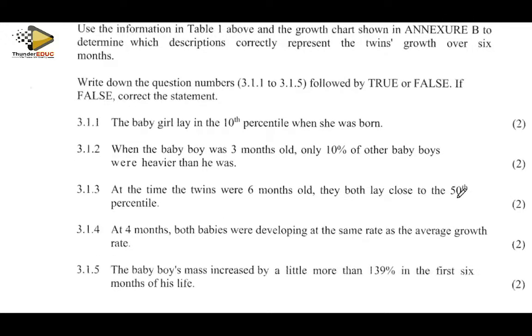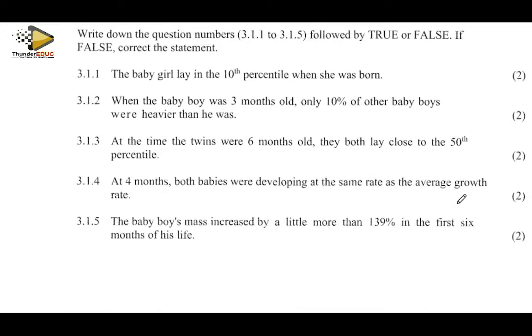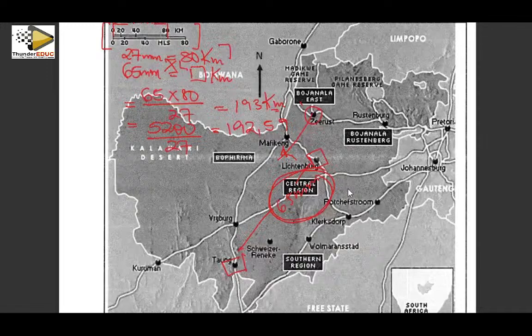Write down the question number followed by true or false. If it is false, then correct the statement. The baby girl lay in the 10th percentile when she was born. When she was born, let's go there and you see.